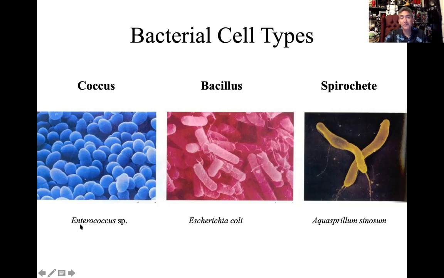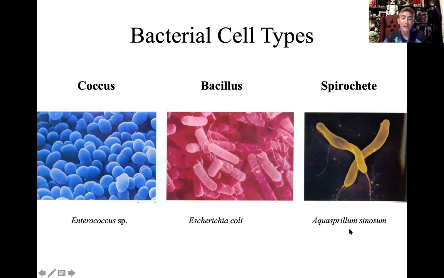So bacillus would be these rod shapes, oval. A very common bacteria you may know of, E. coli, Escherichia coli, is a bacillus-shaped bacteria. And then we have a spirochete. We have a spiral bacteria that lives in the water. We call that Aquaspirillum.